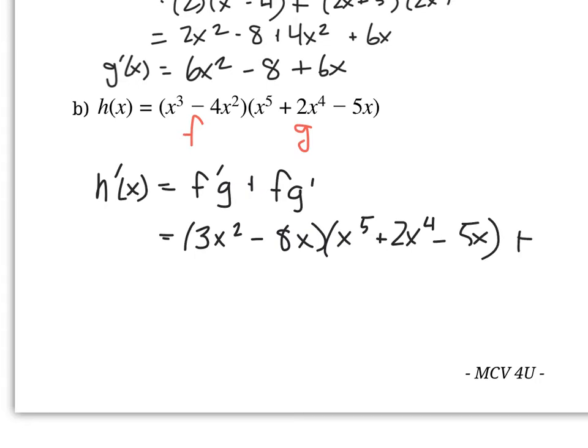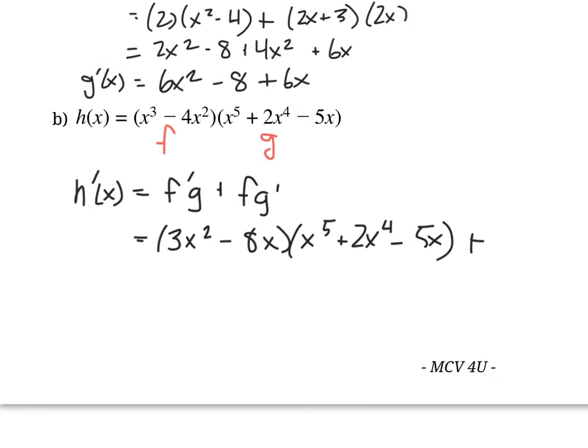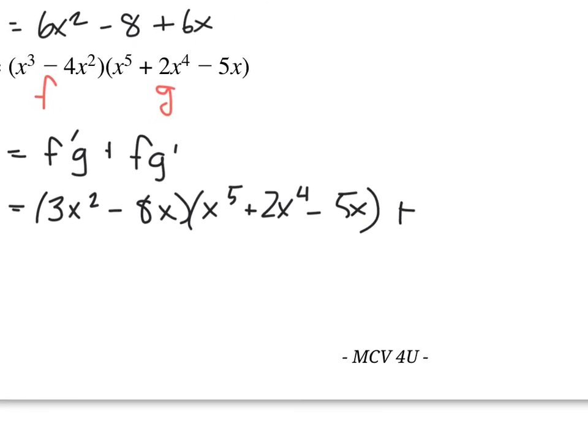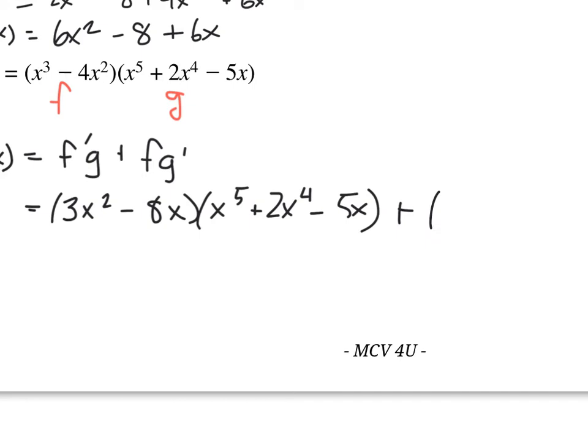Now, you'll see I'm running out of space. A lot of these questions will happen like this, where we're going to end up with a really long answer, but that's just the nature of this thing. So x cubed minus 4x squared, and then we're going to multiply that by g prime.